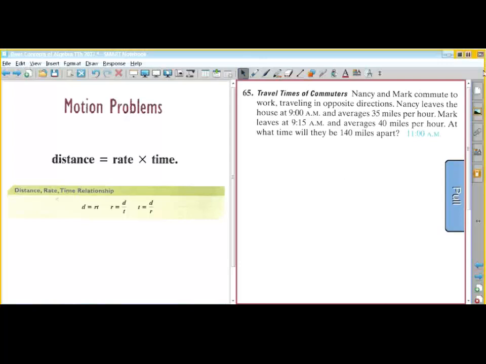So there's a few things you've got to do here. You've got to reflect the fact that they leave at different times. So what I'm going to do is use the t variable to represent time, but I'm going to use the subscript n to say the time that Nancy's traveling.